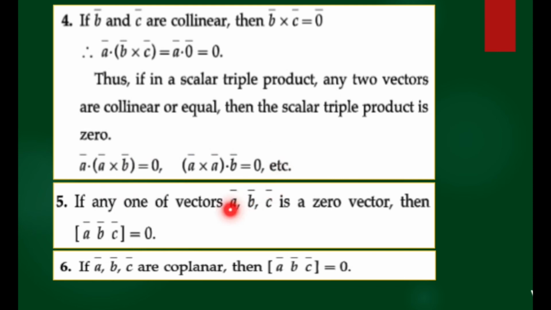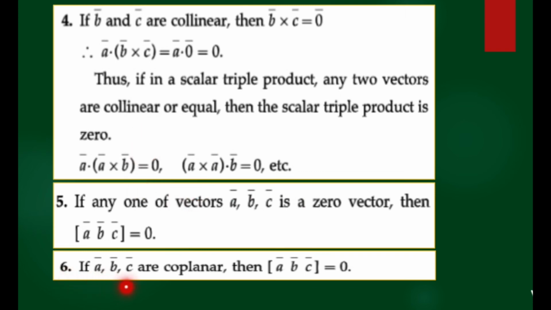Also when any one of the vectors is 0, then their box product, that is scalar triple product, is 0. That means when we have to show the given vectors are collinear, we just have to show their scalar triple product is 0.